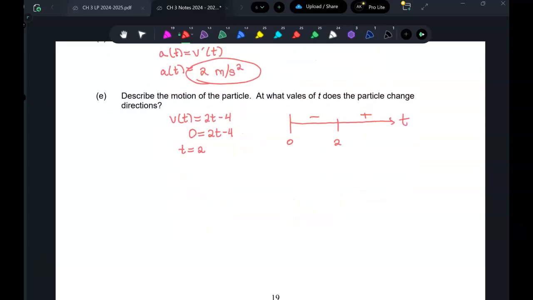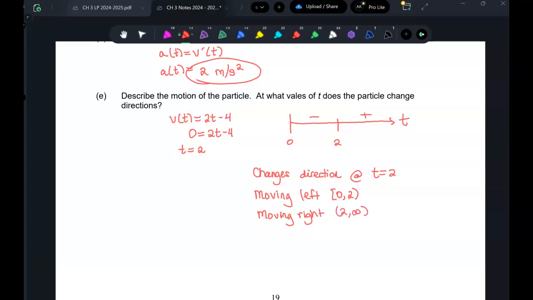So it's going to change direction at t equals 2. It is moving left from 0 to 2, and moving right from 2 to infinity. Anytime it's negative, it's moving left. If it's positive, it's moving right.